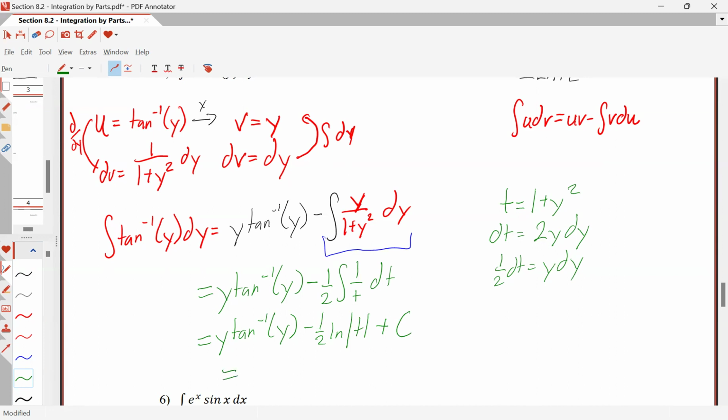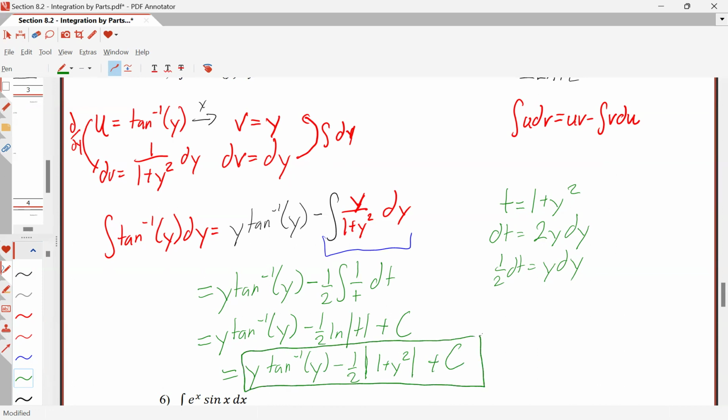And plugging t equals 1 plus y squared back in, we have our antiderivative of arctangent.